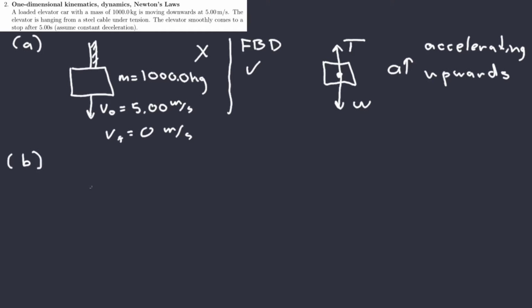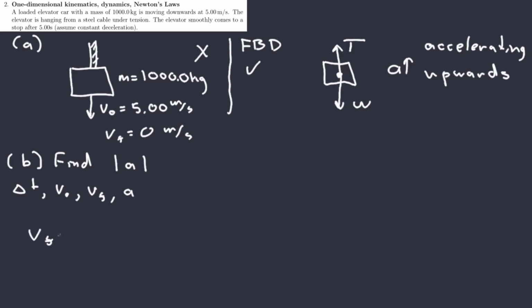It says to find the magnitude of the elevator's acceleration as it comes to a stop. So find the magnitude of A, and I'll represent magnitude with these vertical lines. So we're given delta t, we're given v0, we're given v final, and we need to find A. So we can look at our list of 1D kinematical equations and find an equation that satisfies the property of having all of these numbers in it.